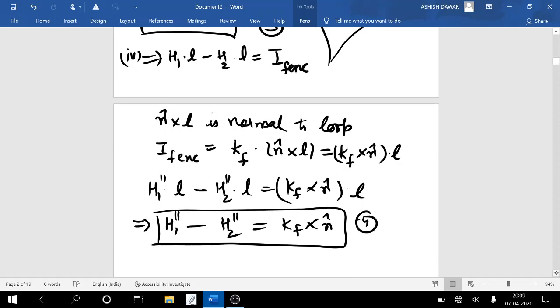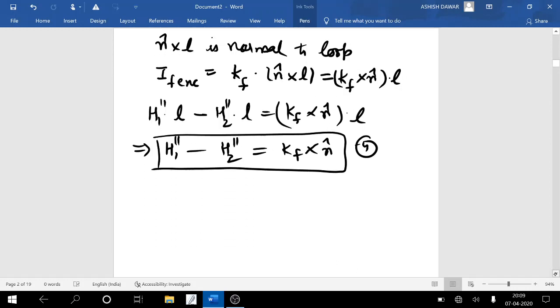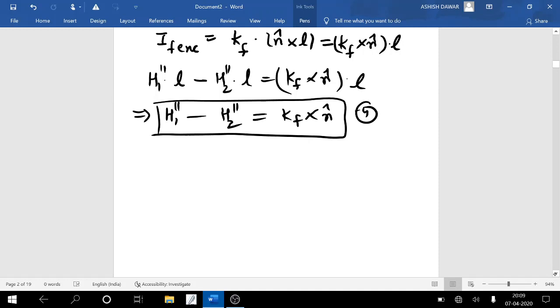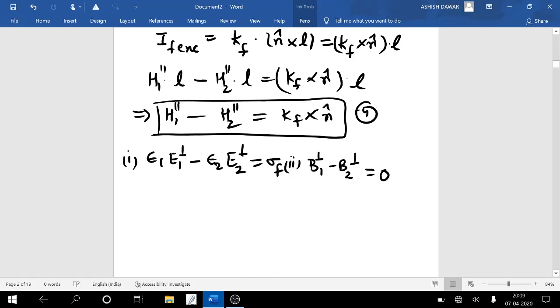So in terms of electric field and magnetic field, that is E and B, these equations can be written as: epsilon 1 E1 perpendicular minus epsilon 2 E2 perpendicular equals sigma f. B1 perpendicular minus B2 perpendicular equals 0.